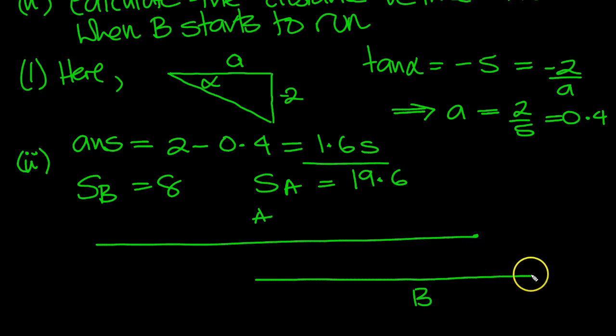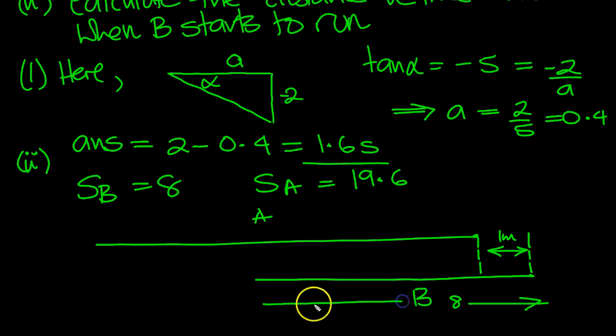At the end, B is 1 meter ahead of A, so the distance that they're apart is 1 meter. The distance here is 8, from there to there, and the distance SA is 19.6, which is here.